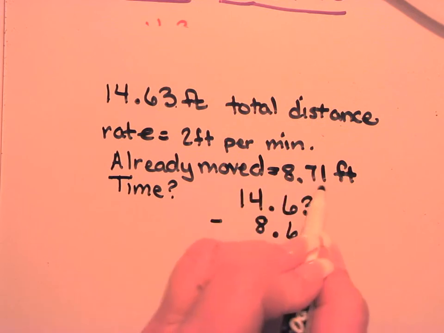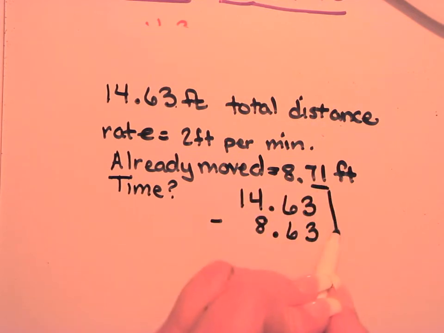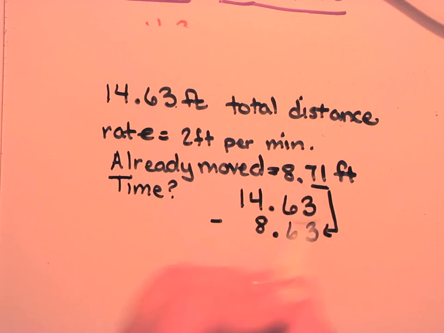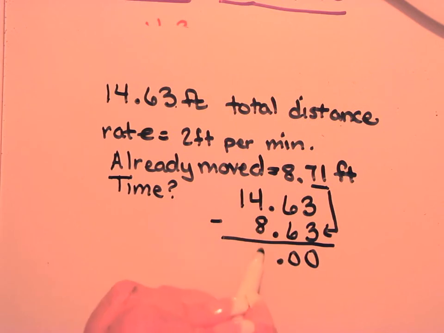All I've done is take that 71 and change it to 63 because it's real close and I don't want to have any regrouping. So this ends up in that 0 column, and then I have a 6 over here. Now this isn't the end though, because remember this is talking about feet. This is 6 feet that it still has to go.